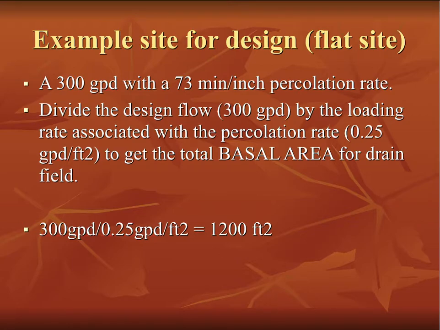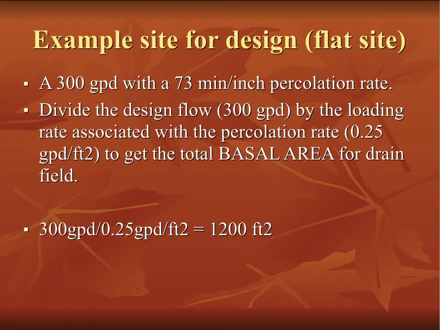So just to take these arbitrary numbers as we move forward to walk through all the calculations, we're going to have a 300 gallon per day design flow. And we're going to assume that this site has been spec'd out, given the soil, for a 73 minute per inch percolation rate. What we'll do is take that design flow of 300 gallons per day and divide by the loading rate, which is associated with the percolation rate.